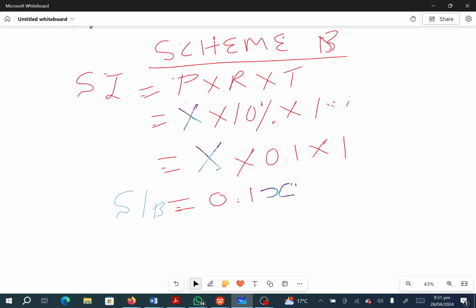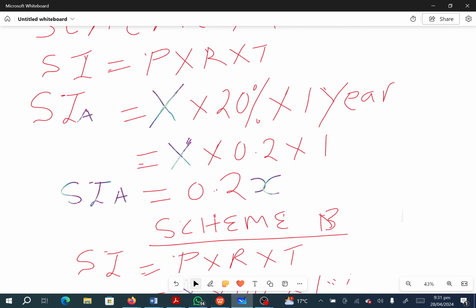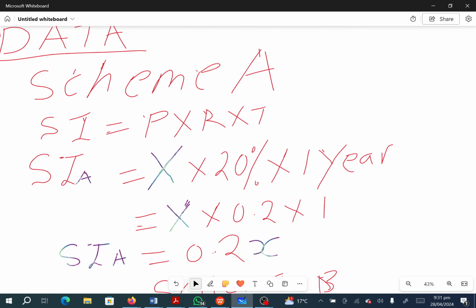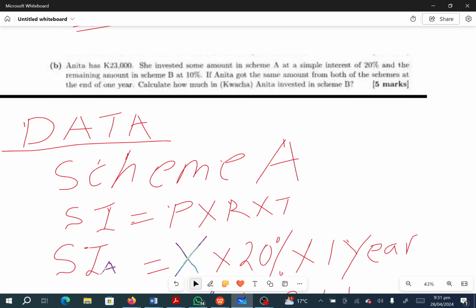Okay, so then we are saying that we have been given this amount here. This is 23,000 as the total disposable amount.